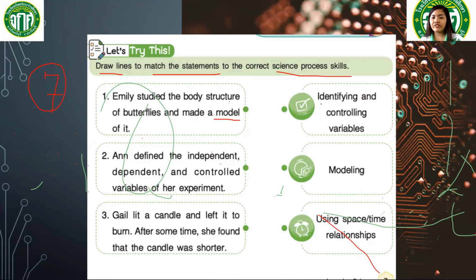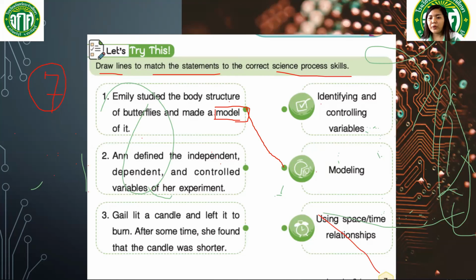Is it identifying and controlling variables, modeling, or using space-time relationship? So we are going to make a line from here to here. Since Emily made a model, that is what we call modeling. You understand? So the answer for number 1 is the second one.